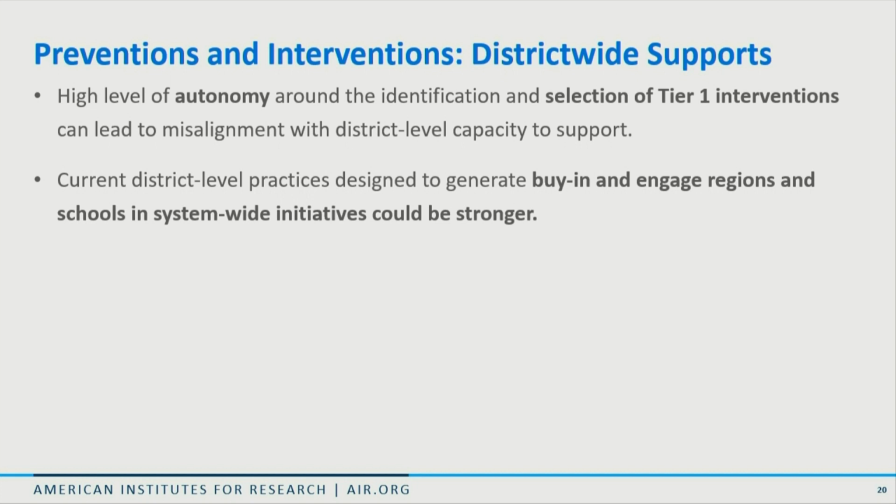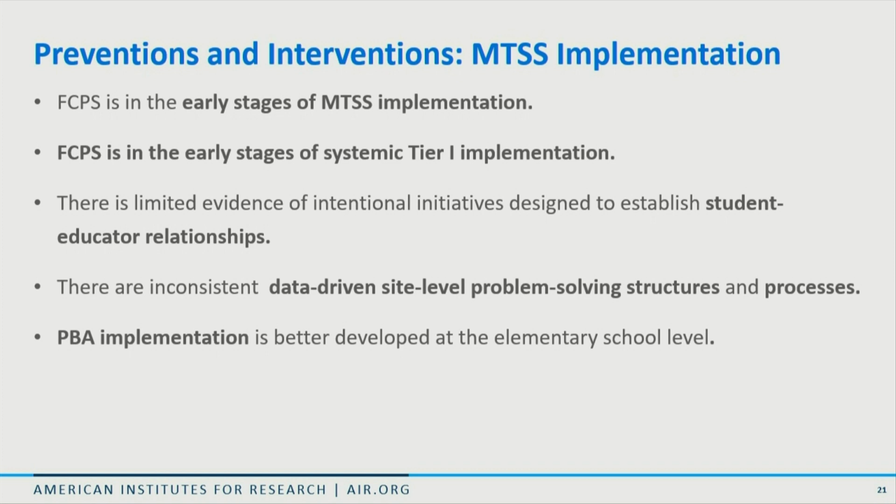In other words, they may not be of high quality. So consistent with what we heard earlier, to identify a short list of 2 to 3 and then coalesce around those would be great. Again, we talked about generating buy-in and engaged regions and school systems and district-wide initiatives. That could be a little stronger, and both of those things are very tied.